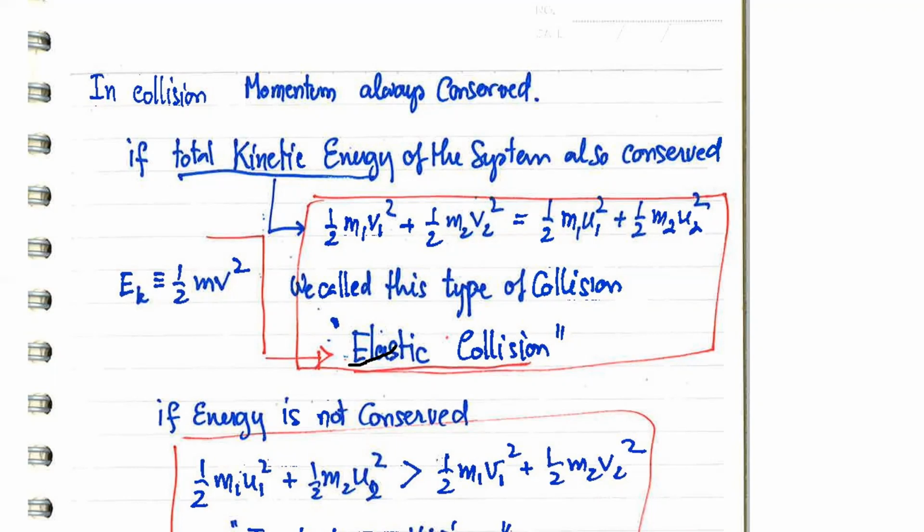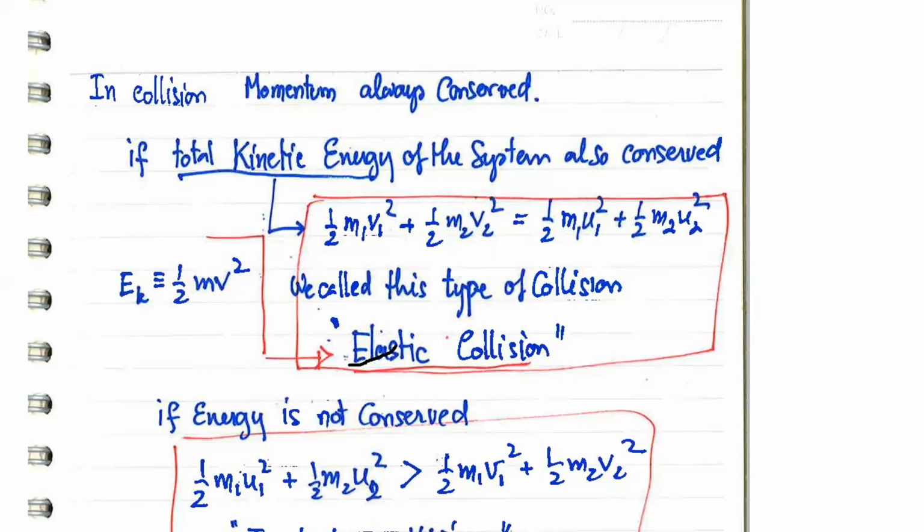And the kinetic energy of the system is 1/2 m1v1 squared plus 1/2 m2v2 squared. Now, if it is also conserved, it means that the energy is not changing to something else.